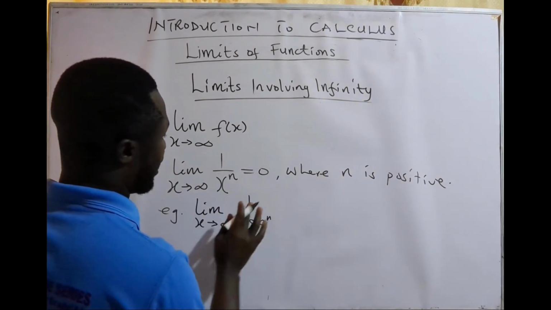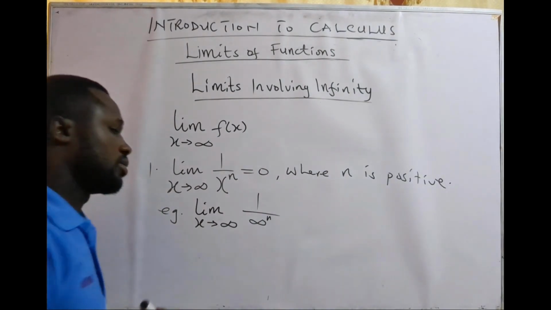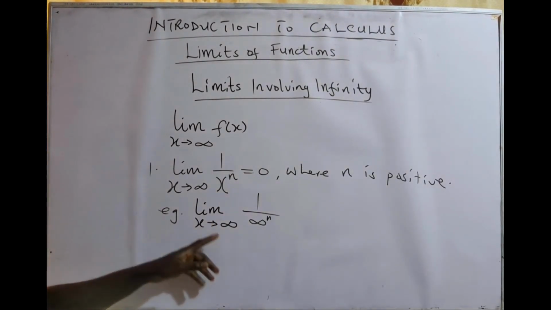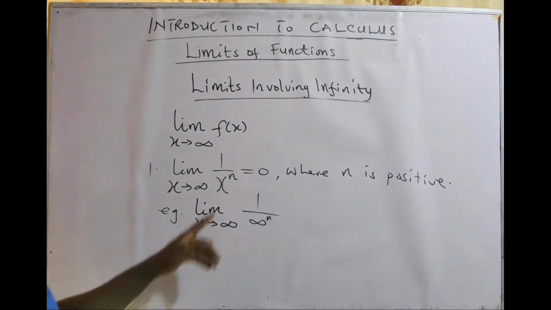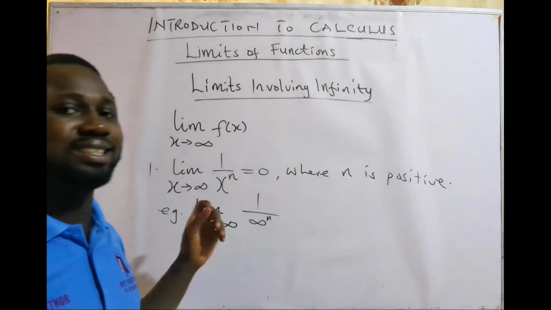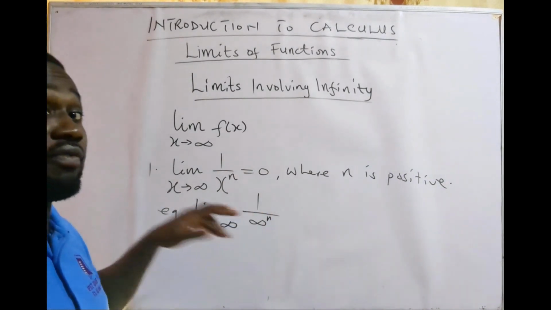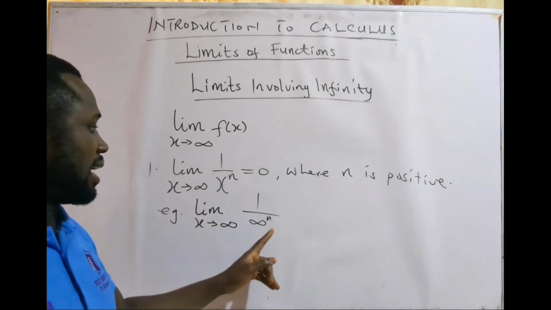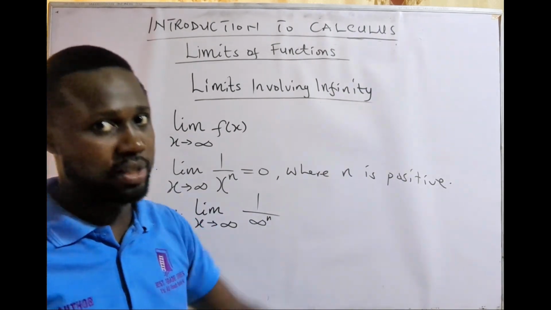Exponent of n. So what is happening where the n is positive? The n can be 1, 2, 3, or 4. Assuming we have x as a very large number in the denominator, 1 over that very large number, with a positive exponent, it can be 1, 2, 3, 4, whatever it is.